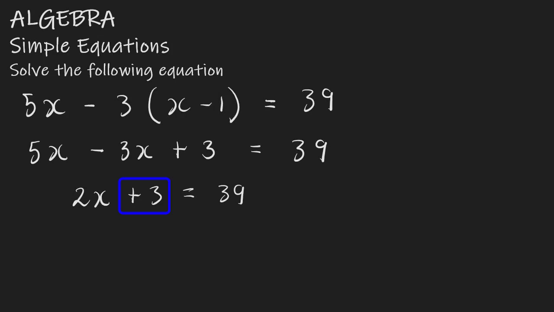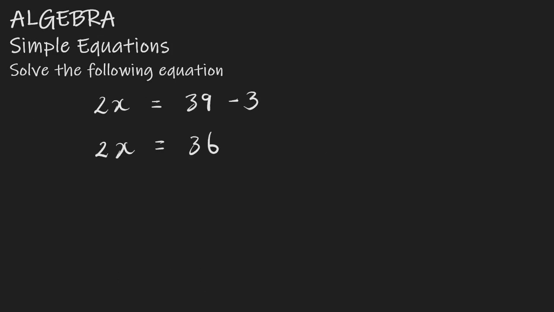So positive 3 on the left moving over to the right becomes 2x is equal to 39 minus 3. 2x is equal to 36. 2 is multiplied by x, and I want x on the left-hand side of the equal sign alone. Therefore, x is equal to 36 divided by 2. X is equal to 18. That is my answer.